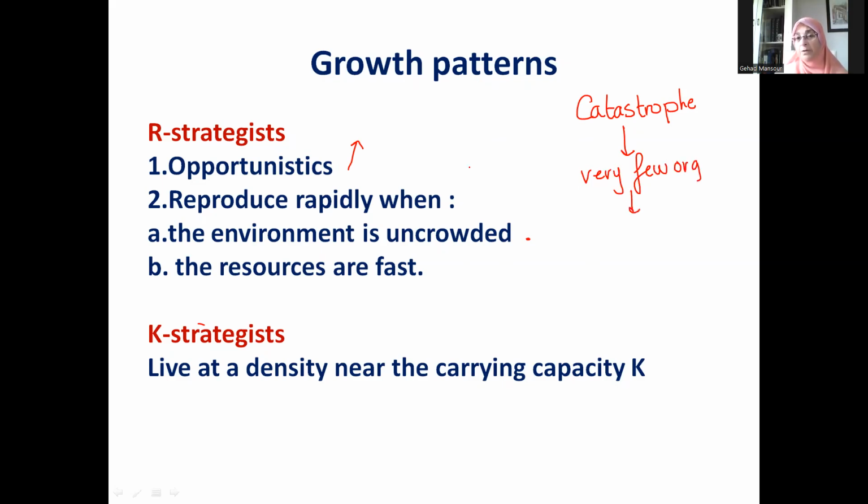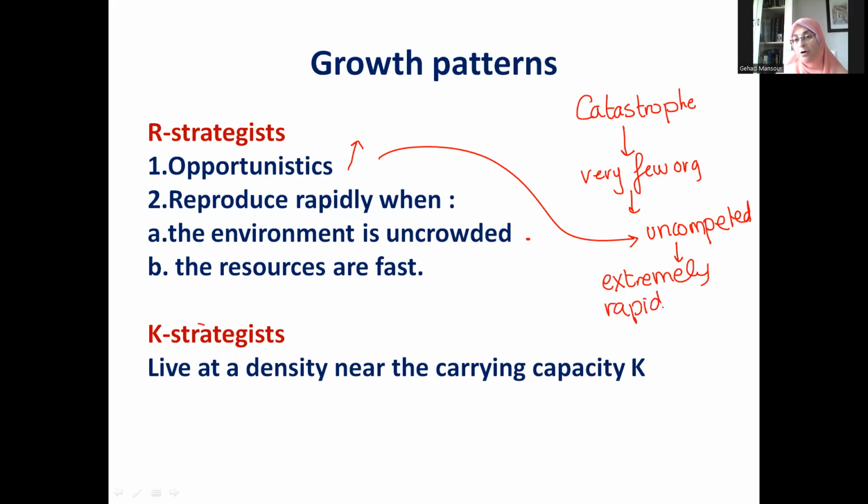At that time, the opportunists, if they are already present in the place, would find it an amazing opportunity to reproduce and grow uncompeted. Since they are uncompeted, there would be an extremely rapid rate of growth.